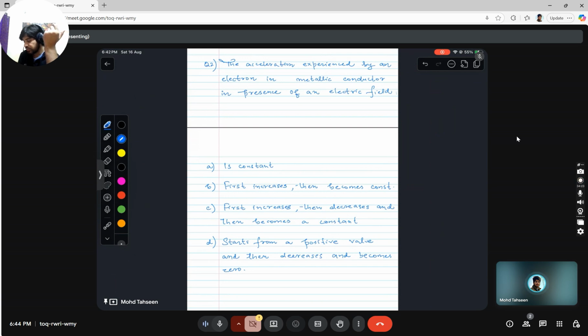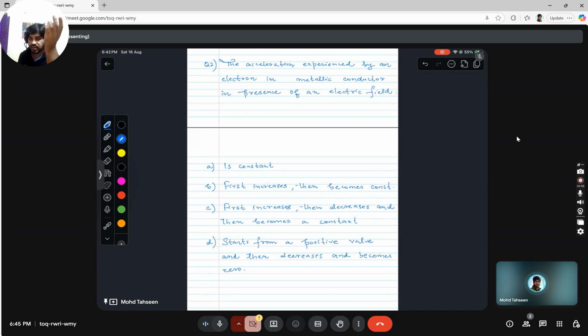So if the acceleration of an electron becomes constant in the presence of an electric field, the electron will keep on moving faster and faster, right? Because if acceleration is constant, that means velocity is always going up. Velocity is monotonously increasing, so there is no end to where the final velocity of the electron reaches.